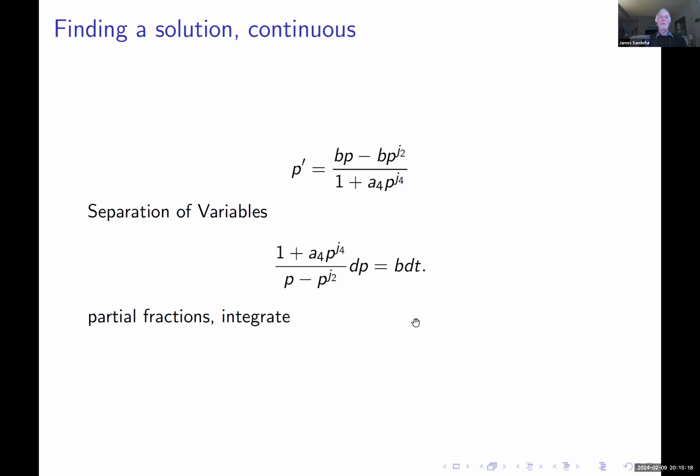As Frank's heard one of my talks before where I made this point, solutions are often overrated. The linearization is really the type of behavior we're interested in.